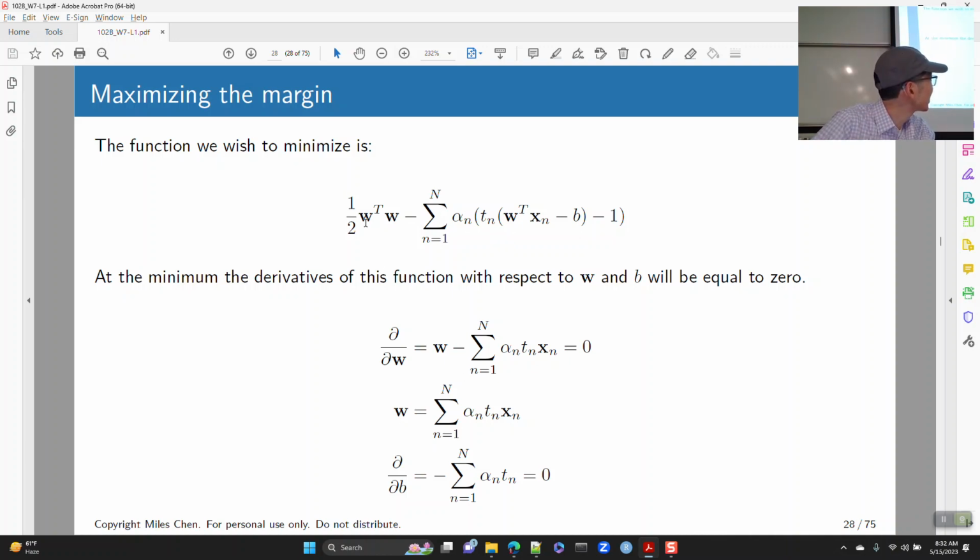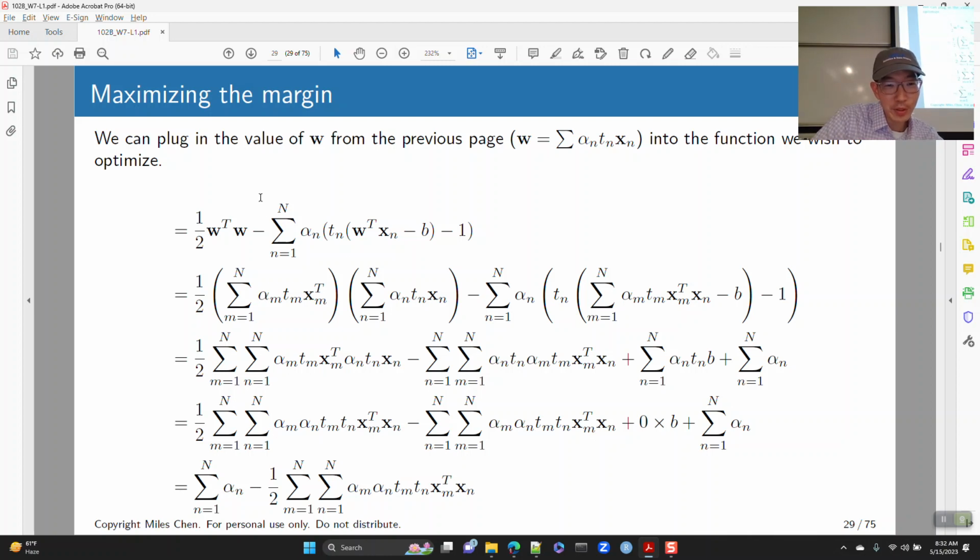Basically where I have w, I'm going to insert this back into it, and then I also have this kind of term floating around. So anyway, plugging this back into where I see w, here I have this w transpose w.